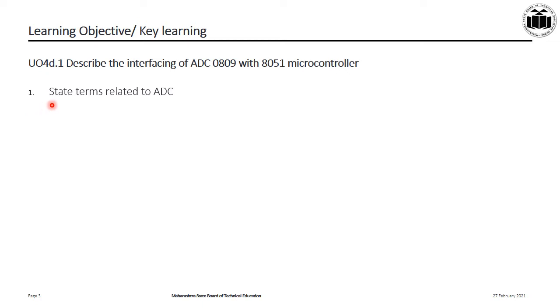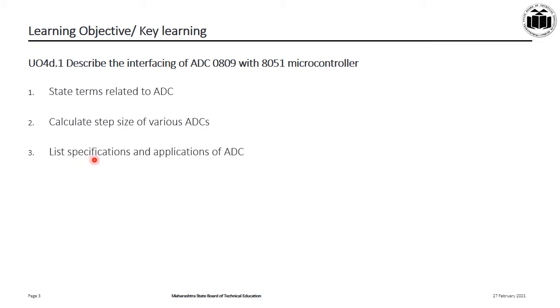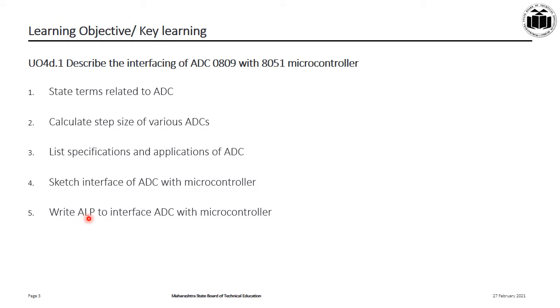After this session, students will be able to state the terms related to analog to digital converter, calculate step size of various ADCs, list specification and application of ADC, sketch interface of ADC with microcontroller, write ALP to interface ADC with microcontroller.